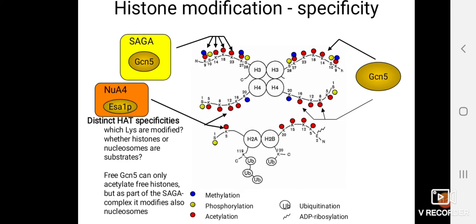For example, GCN5 alone can be involved in the modification where H3 gets modified at its side chain, and SAGA can also be involved in modification of the side chain. The NuA4 and ESCF1 complex is also involved in modification of H4 as well as H2A.